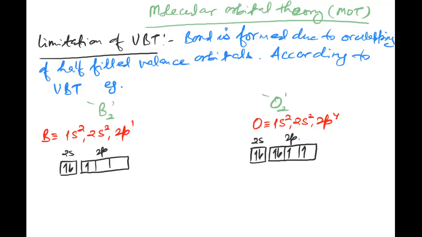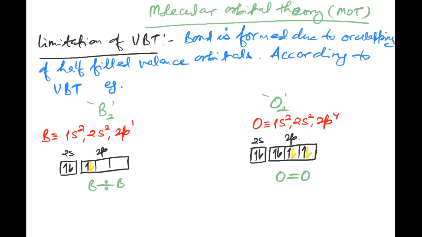Boron has one half-filled valence orbital, so according to VBT it can form one bond with another boron. In bond formation by sharing of electrons, these electrons also pair up. Same in oxygen: it has two half-filled valence orbitals, so it can form two bonds with another oxygen atom, and due to sharing, these electrons are also paired up.